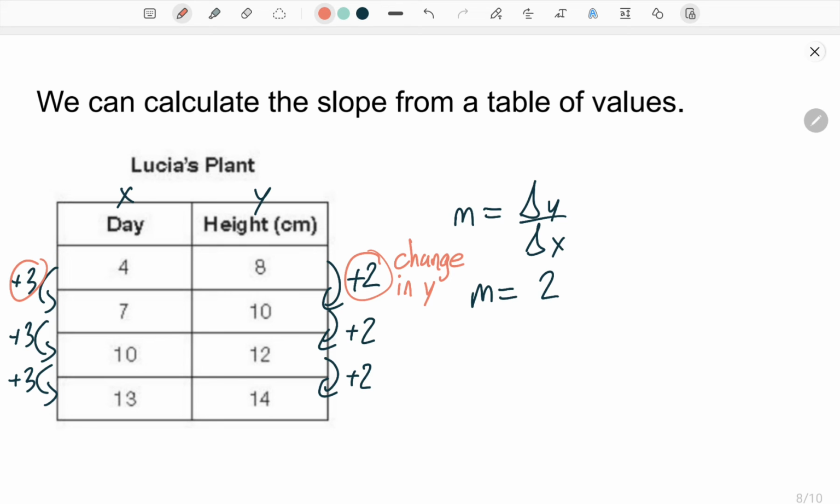Well, that's the other side of the table of values. So the +3, that's our change in x. And so when we're looking at our slope, delta x, or change in x, write it as that number from the left-hand side of the table. And so 2 over 3, that is the value of the slope.